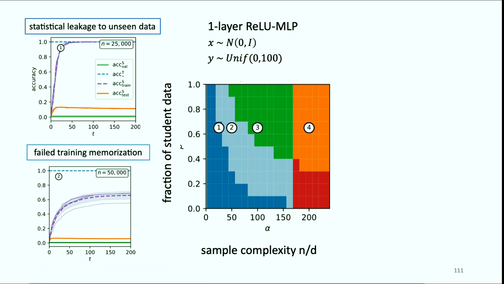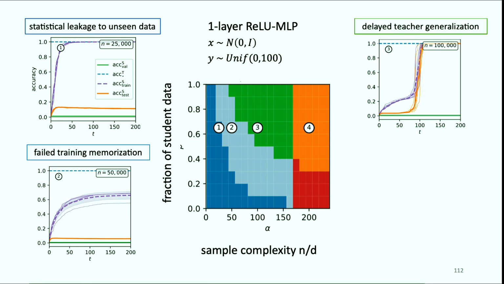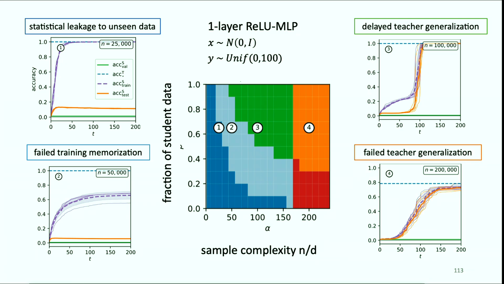You arrive here, and then at some point you have a high enough sample complexity that you can identify the teacher. You first go through this phase where you statistically learn a bit about your held out data, and then at some point you generalize on this teacher structure and arrive at 100% accuracy. And afterwards you don't do much.